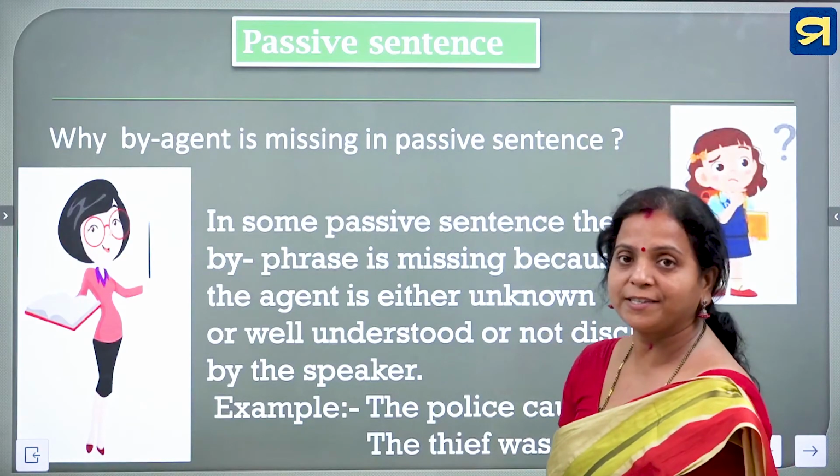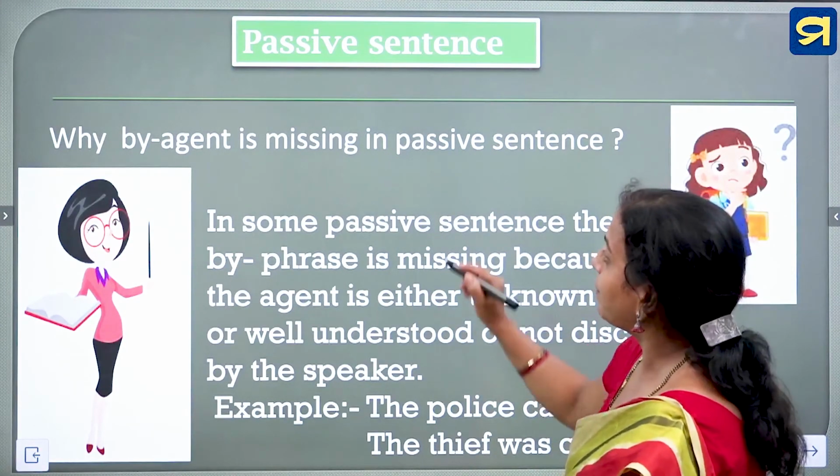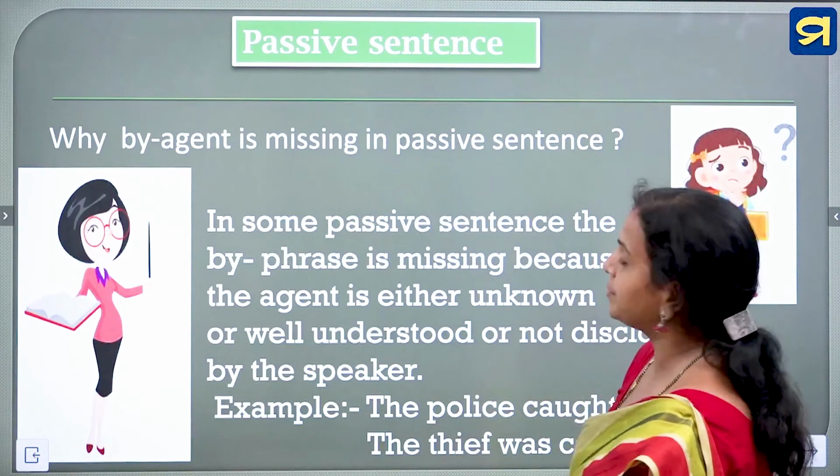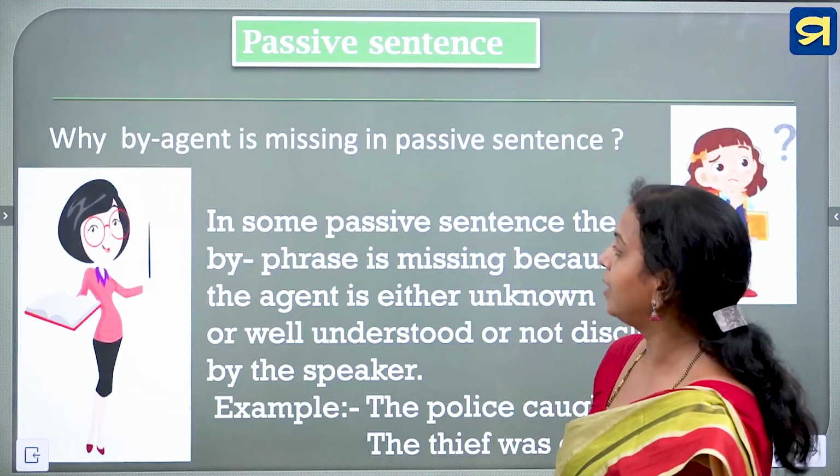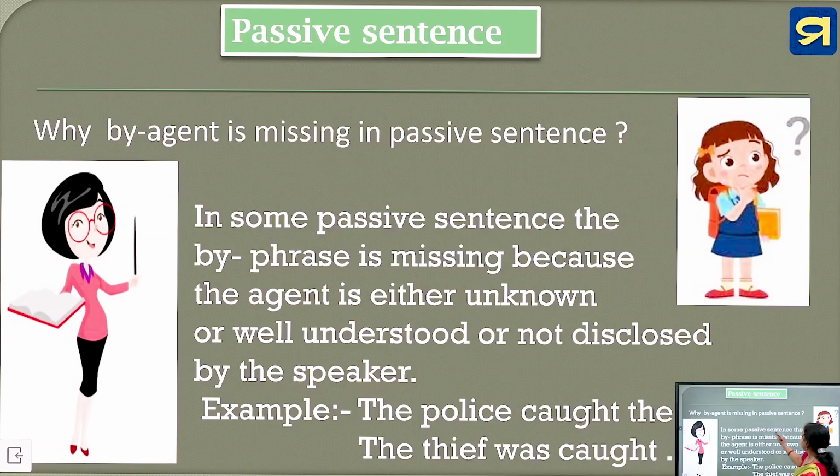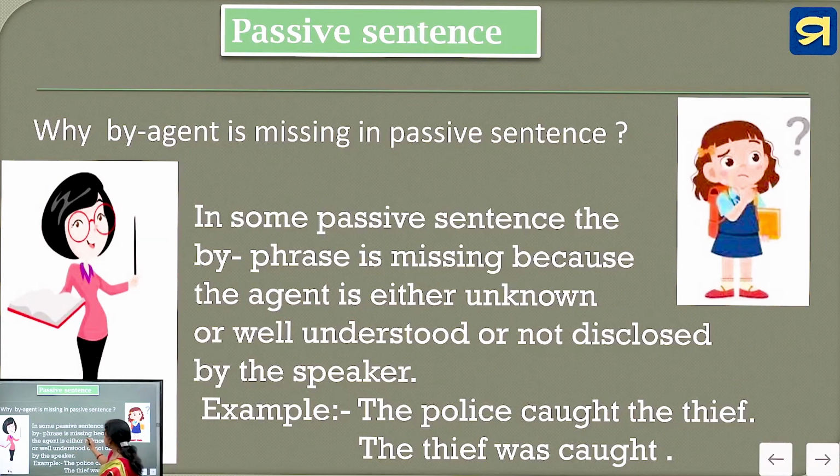Come to the passive sentence. Why is the by agent missing in a passive sentence? A question is there. In some passive sentences, the by phrase is missing because the agent is either unknown or well understood or not disclosed by the speaker. That means it is very common to you. Everybody knows it.